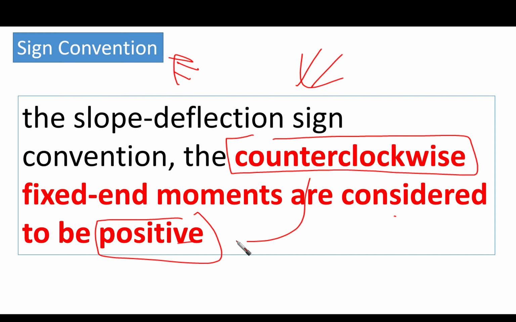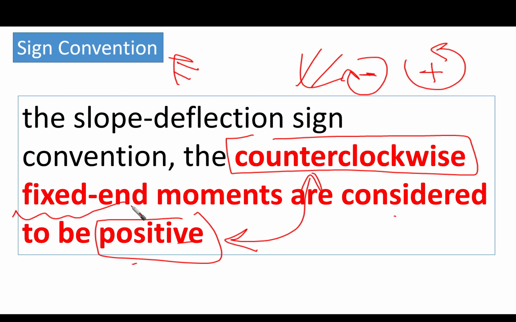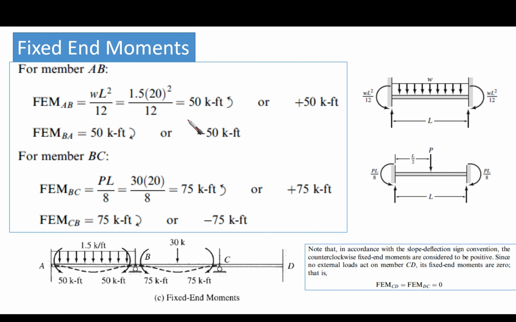So remember that very well. Anything counterclockwise is positive. Anything clockwise is negative, especially when we're talking about fixed end moments. Okay, remember this slide very well. Now let's go to the next.